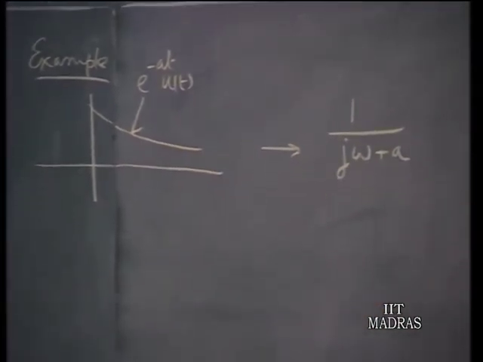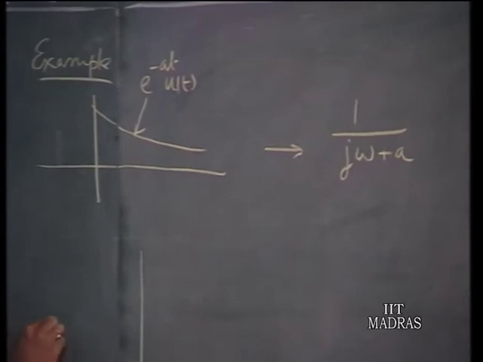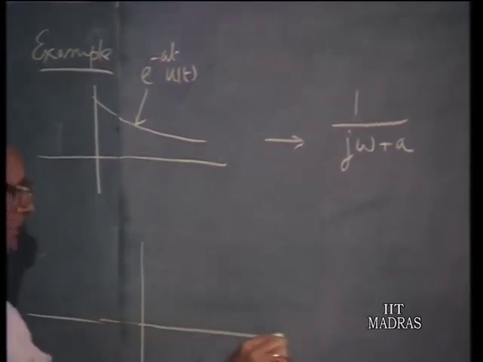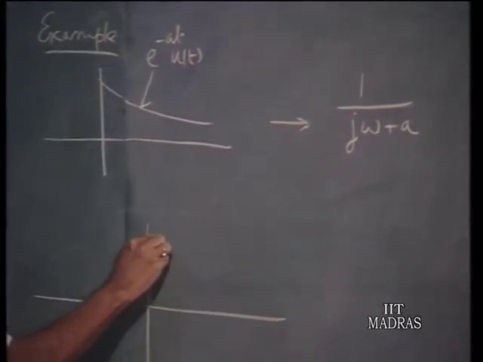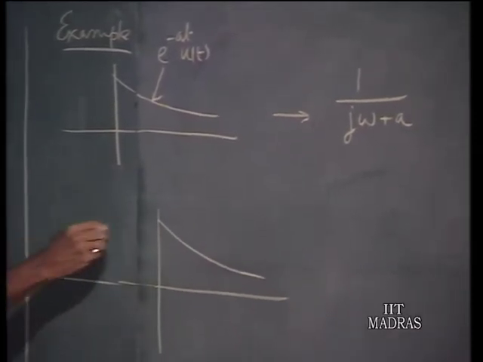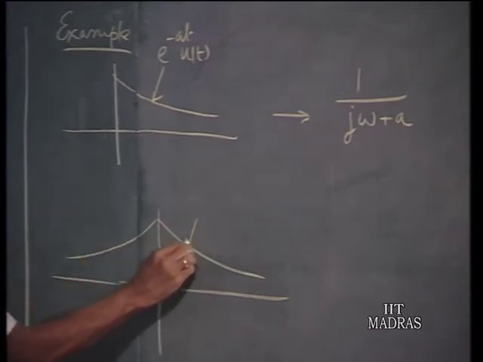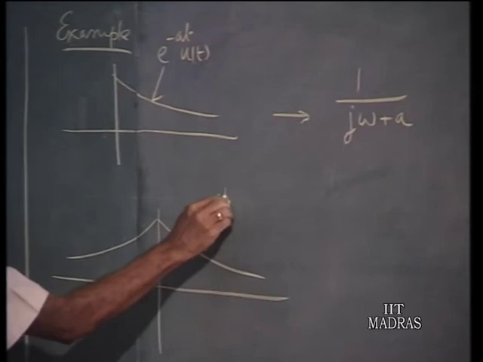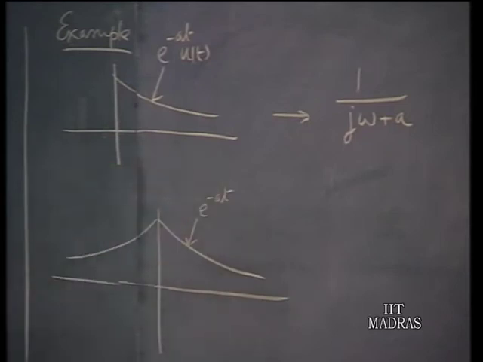Now, I would like to inquire about the Fourier transform of a time function which is given by e to the power of minus a t for positive t and e to the power of plus a t for negative t. That means, this portion is e to the power of minus a t. It is a reflection on the negative side, this will be e to the power of a t, because for negative t the exponent will become negative and again it decays.